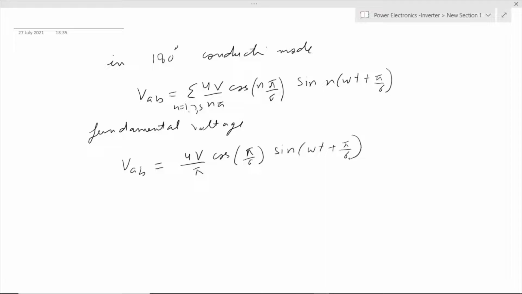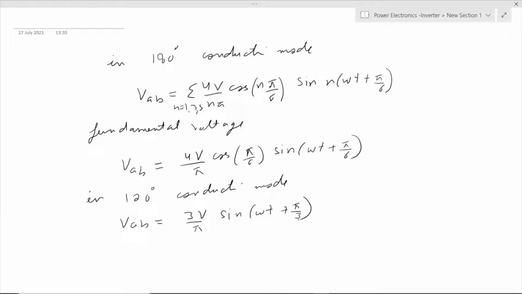If you compare with 120-degree conduction mode, your fundamental is coming out to be VAB equal to 3V by pi sin omega t plus pi by 6.